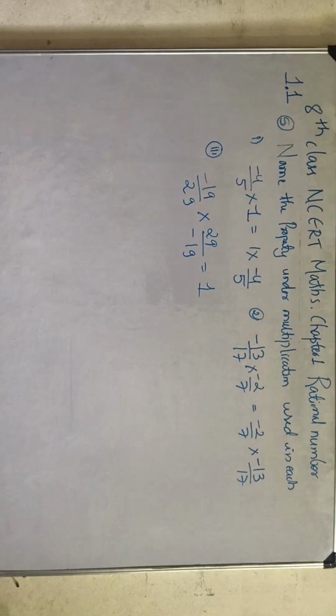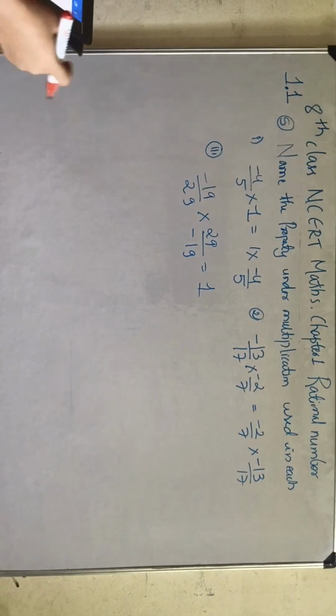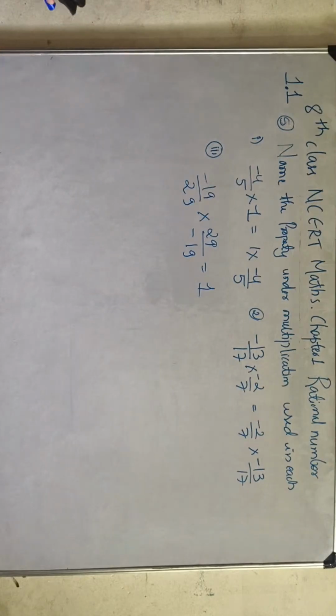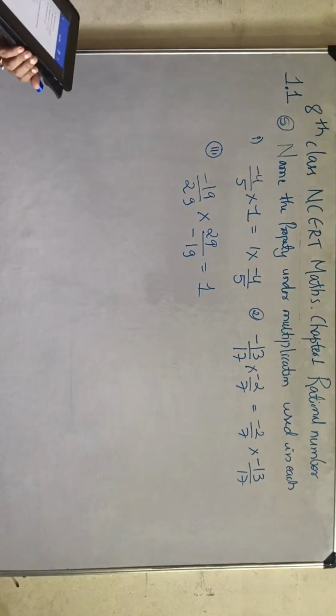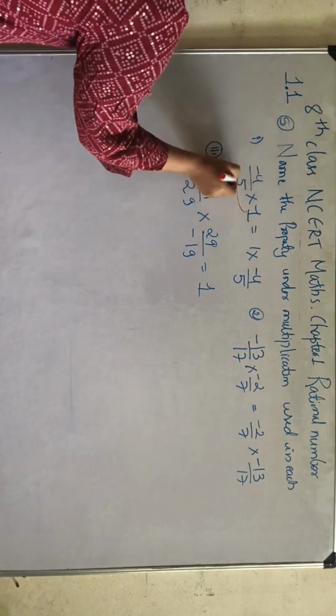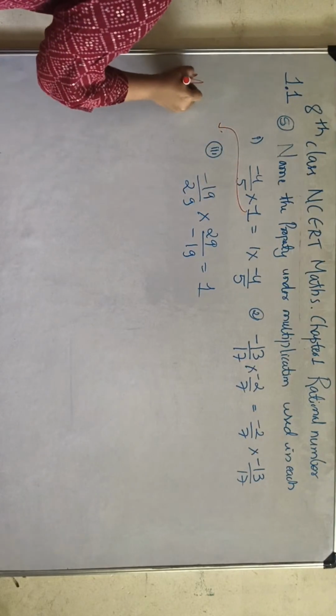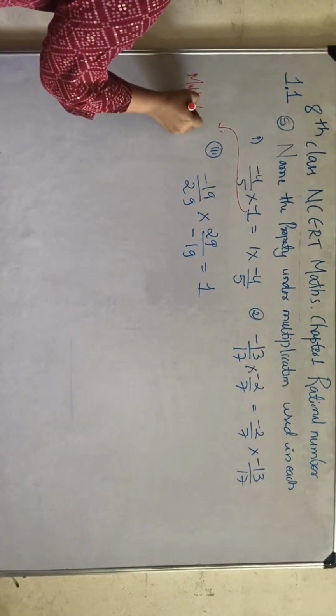Here, if you multiply any number with 1, we will get the original number. So that 1 we call a multiplicative identity, right?